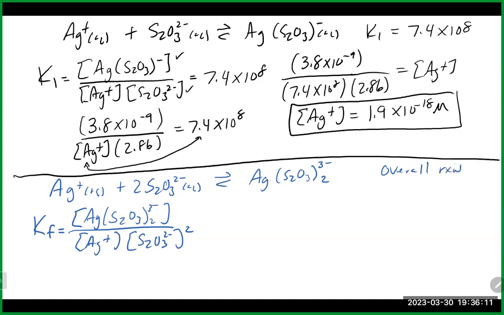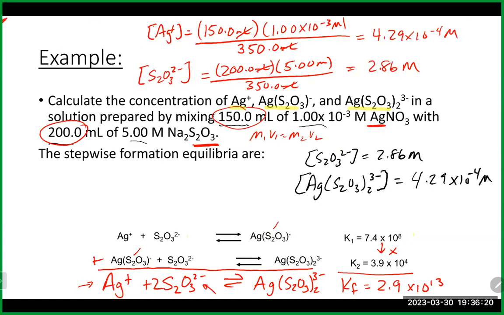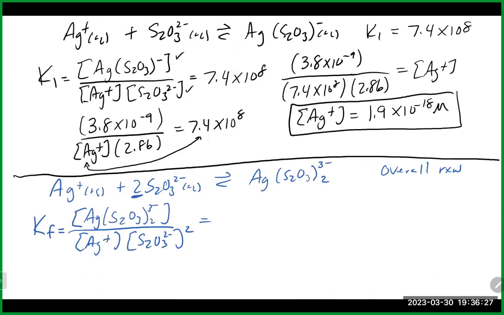Here we do need to square it. And that equals our very first number, where we combined them: 2.9 times 10 to the 13.